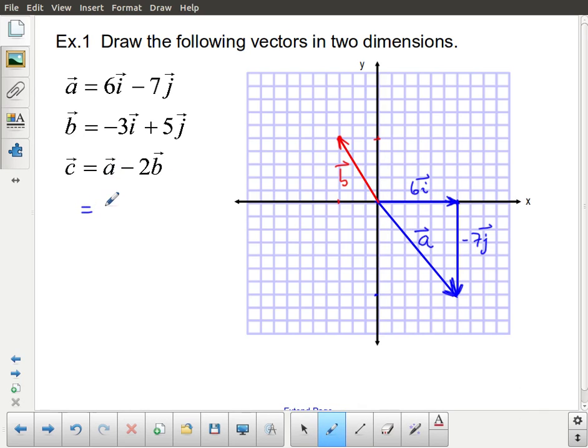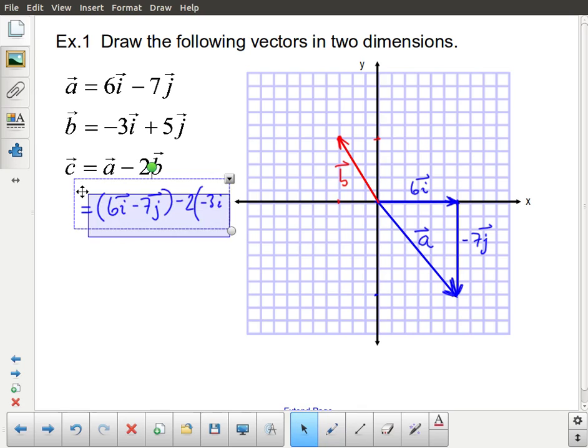So the a vector is, I'm going to do a substitution. The a vector is 6i minus 7j minus 2 times the b vector, which is negative 3i plus 5j. I'm going to run out of room here, let me shift this over.